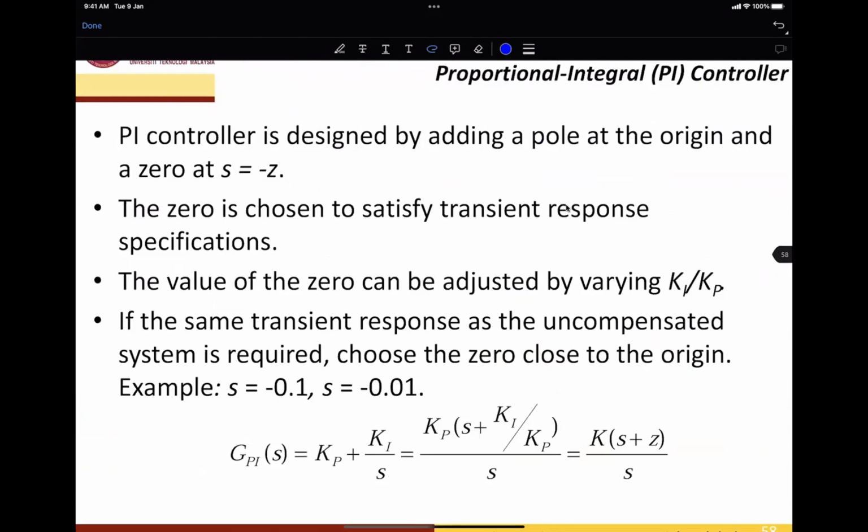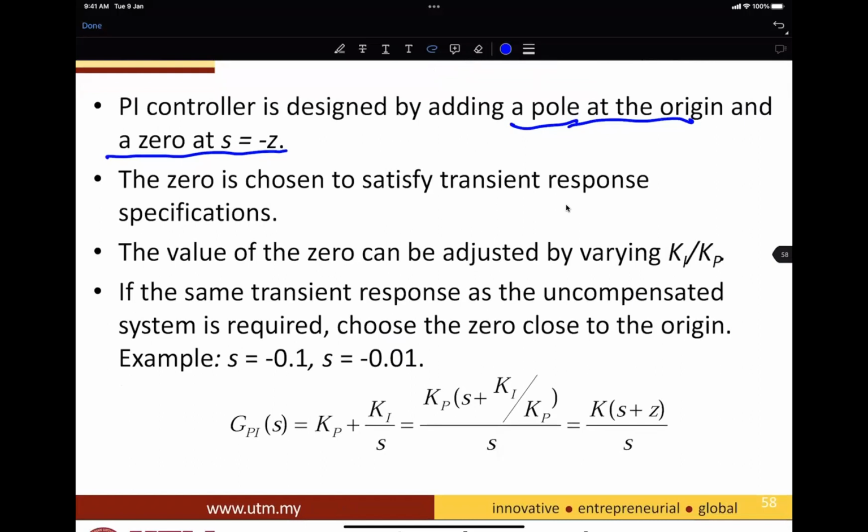Okay, doctor. The PI controller is designed by adding a pole at the origin and a zero at S minus Z. The zero is chosen to satisfy transient response specifications, so the value of the zero can be adjusted by varying Ki over Kp. The ratio of Ki to Kp is the zero value.